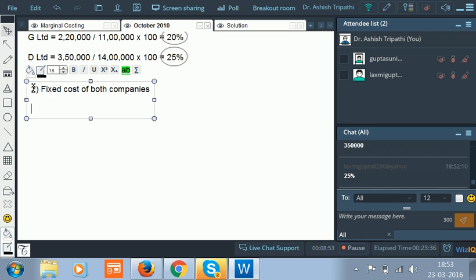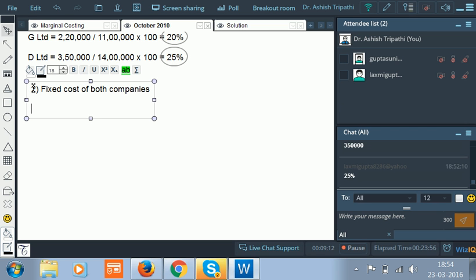Difference of these two will be your fixed cost. Because if you see the statement, sales minus variable cost is contribution. Contribution minus fixed cost is profit. So if we have contribution and profit, we can easily calculate fixed cost.